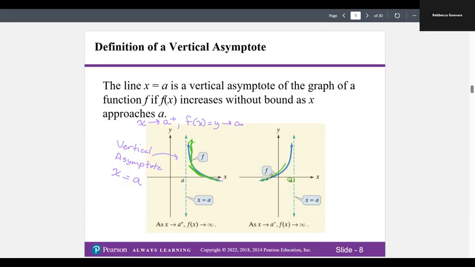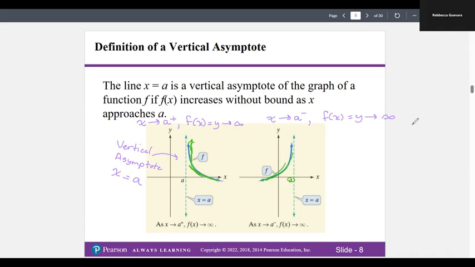So here's my a, my x value. I'm approaching from the left. So we have x is approaching a, but from the left. And this time what happened, kind of the same thing, because we're going from this direction, is that we see that my y values are also increasing without bound. So they are going to infinity.